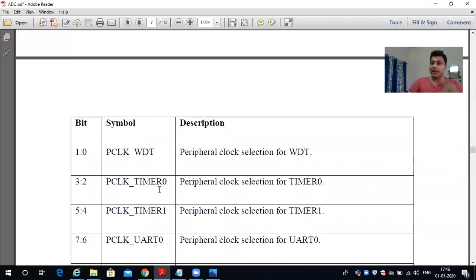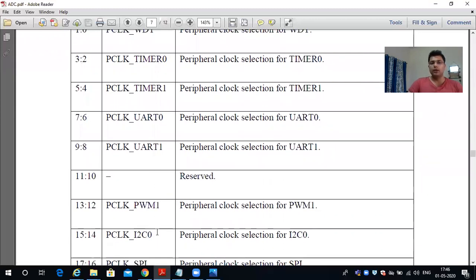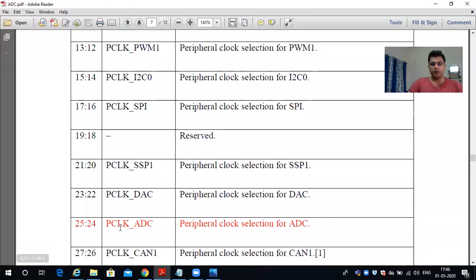So for timer 0, the second and third bits would be used. For timer 1, the fourth and fifth bits would be used. The sixth and seventh would be for UART0, and the eighth and ninth would be for UART1. Likewise, for our ADC, the 24th and 25th bits.